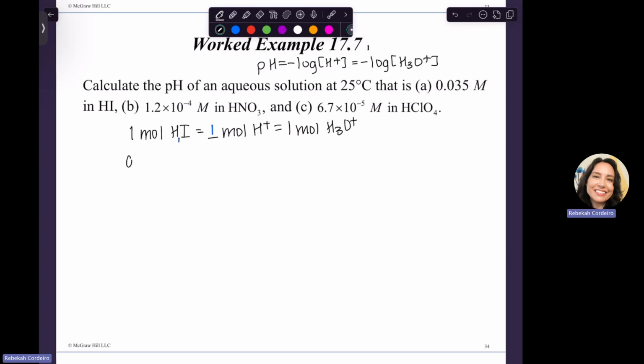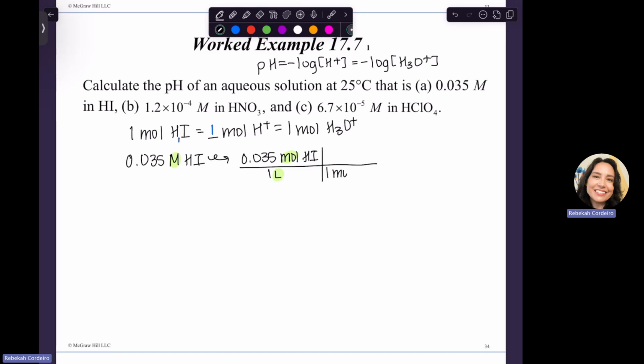So if we have 0.035 molar HI, I can rewrite that as 0.035 moles of HI over 1 liter, because molarity means moles of solute per liter of solution. Then I can just use my mole ratio.